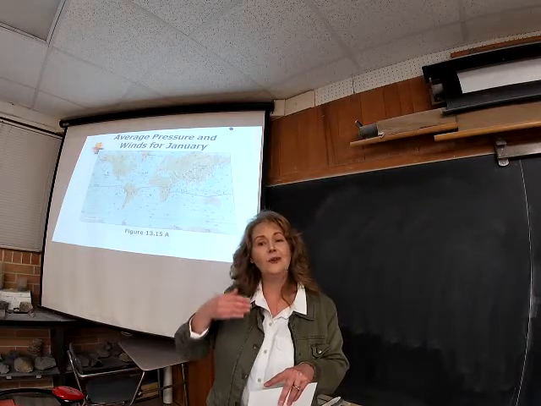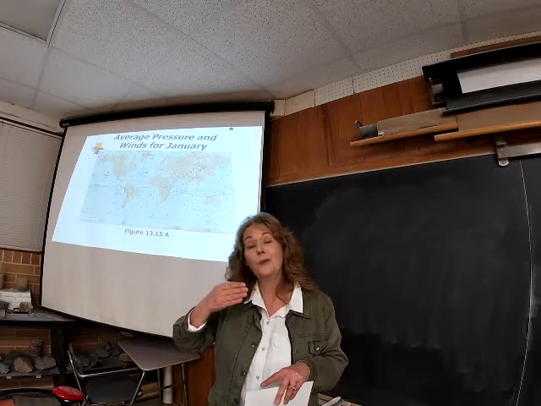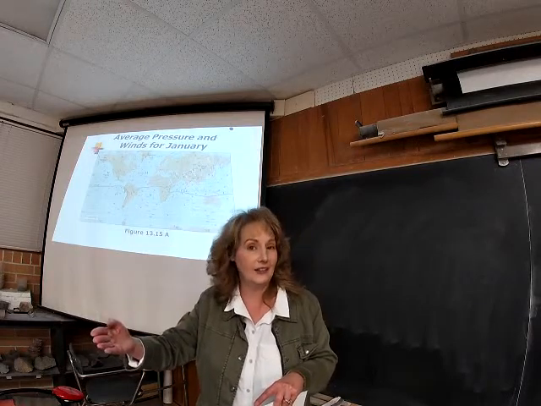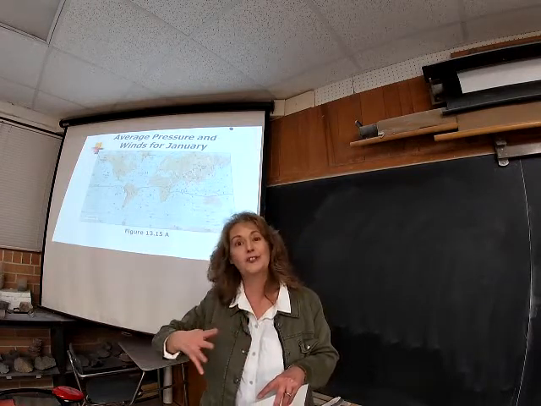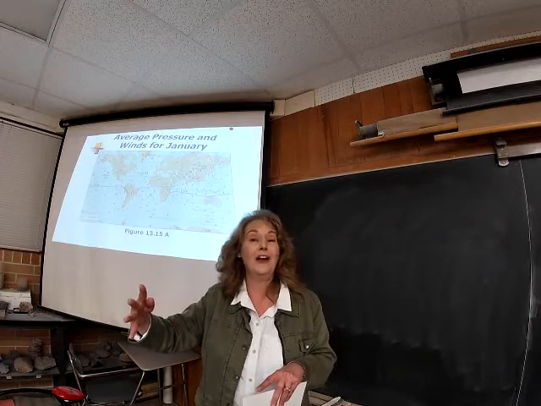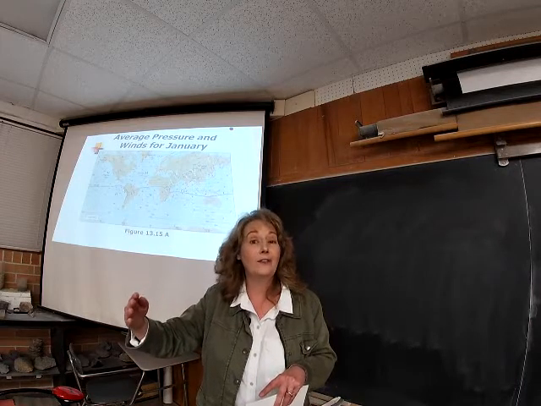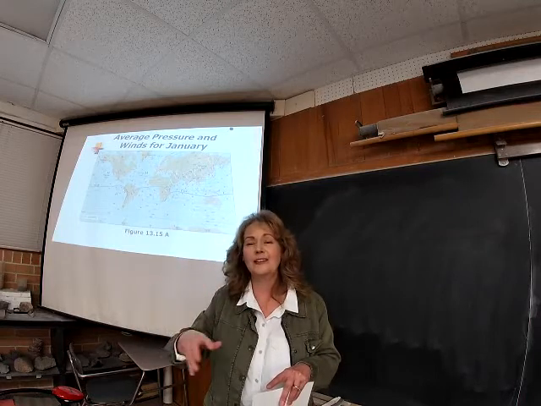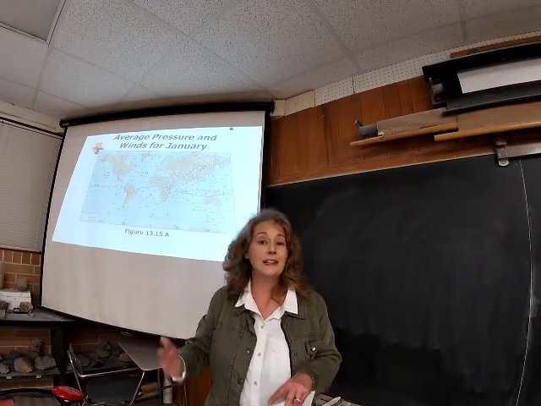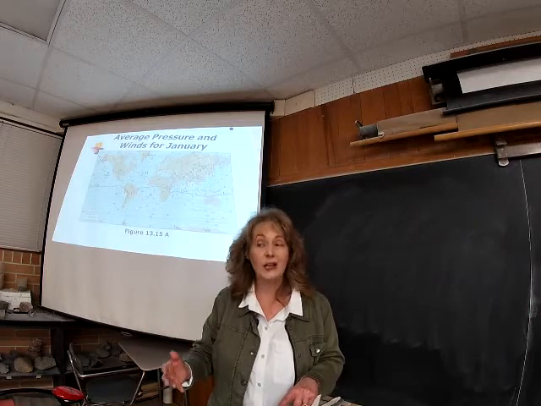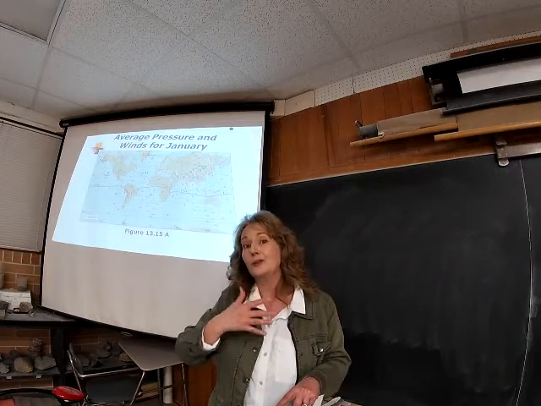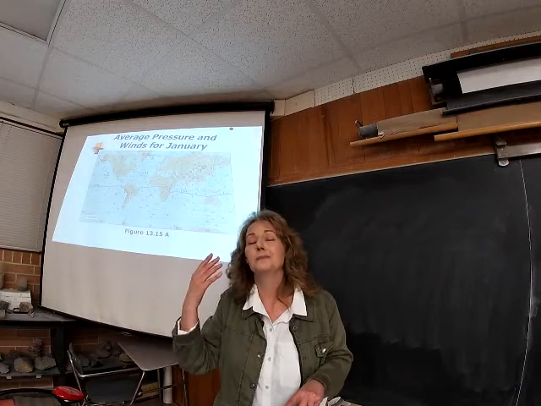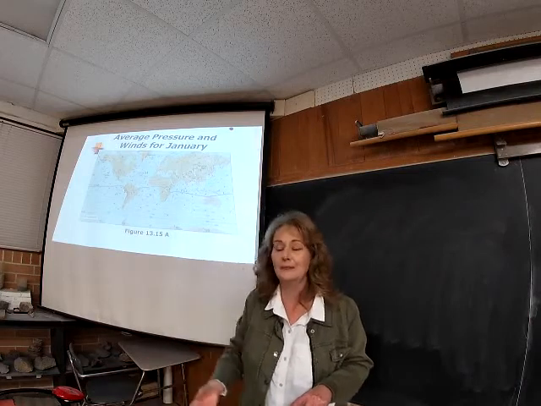Versus if you have the winds coming from the water toward the land, bringing moisture-laden air from above the ocean, that's going to create a lot of precipitation. So these monsoons are seasonal changes in wind direction, making it come from ocean toward land. Going to give you your rains, a tremendous amount of rain.